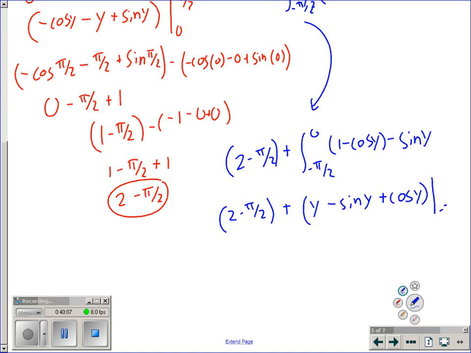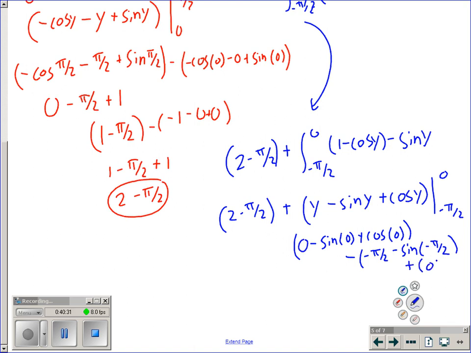And we're evaluating from negative pi over 2 to 0. Let's do that real quick. That's 0 minus the sine of 0 plus cosine of 0 minus negative pi over 2 minus the sine of negative pi over 2 plus the cosine of negative pi over 2.